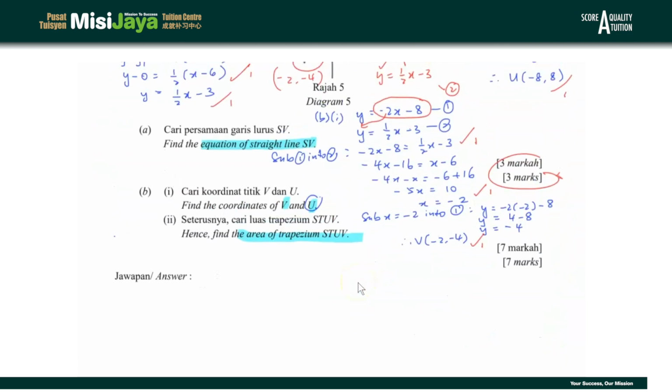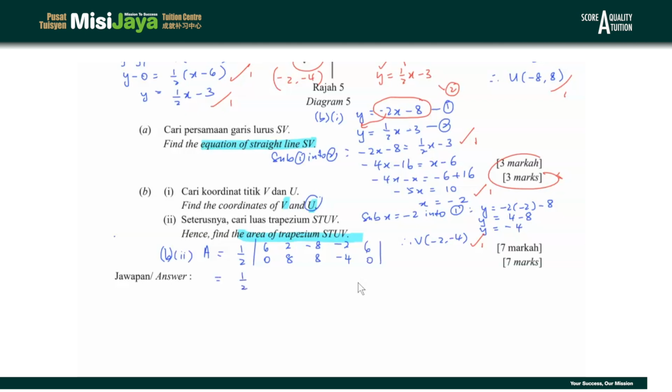So for B2, the area of the trapezium, I'm going to use half, then coordinate S, which is (6, 0), then coordinate T, (2, 8), then coordinate U, (-8, 8), then coordinate V, (-2, -4), and then back to coordinate S, (6, 0), modulus.